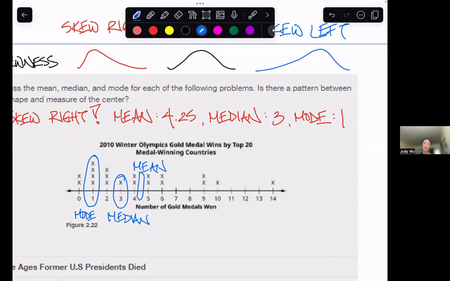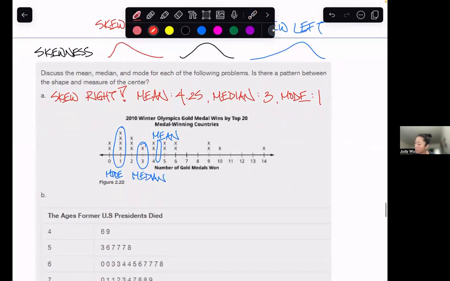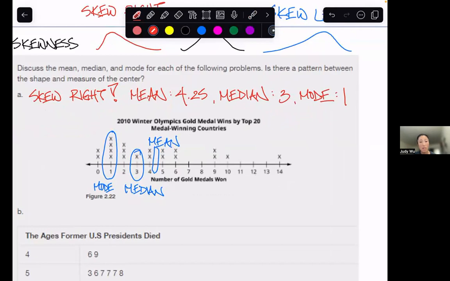Okay. And so we can see that the mean has actually been pulled to the right. It is the biggest value out of all of them. And it turns out that in a case when we have a skew right situation, the mean is going to be bigger than the median because it's been pulled to the right.